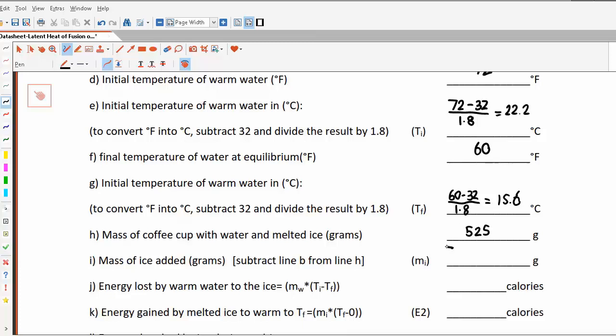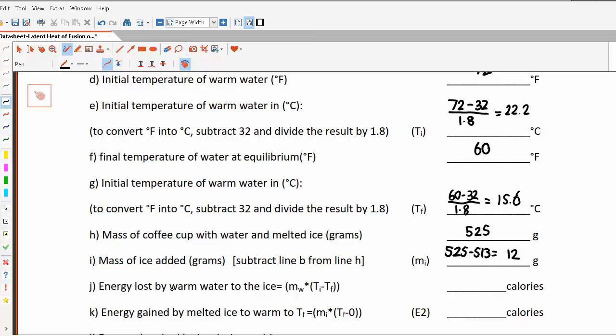So 525 minus 513 is equal to 12 grams. So the mass of ice I must have placed into the coffee cup must have been 12 grams.